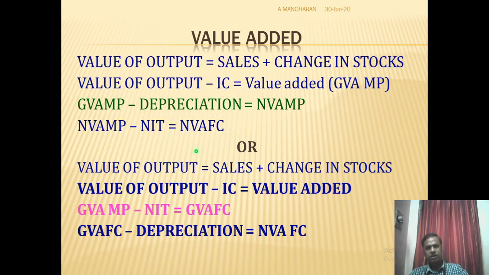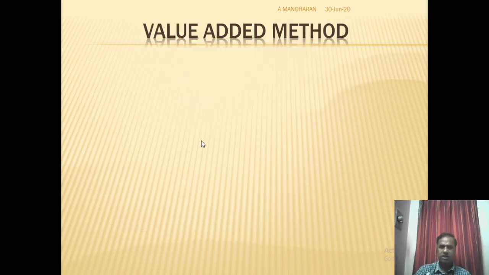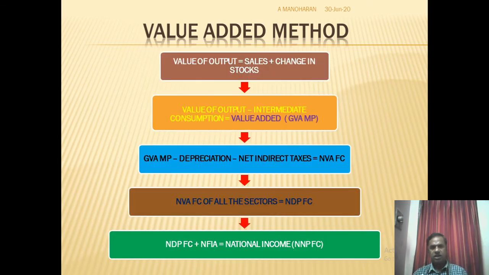Or if you know very well, if you practice more, you can calculate: value of output is equal to sales plus change in stocks minus intermediate consumption minus depreciation minus net indirect taxes. You will get net value added factor costs. Right?